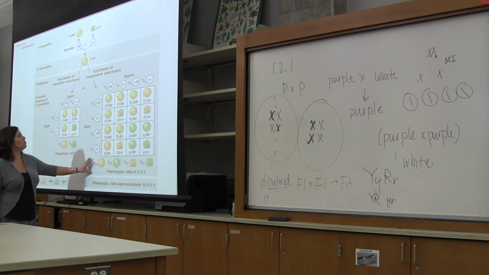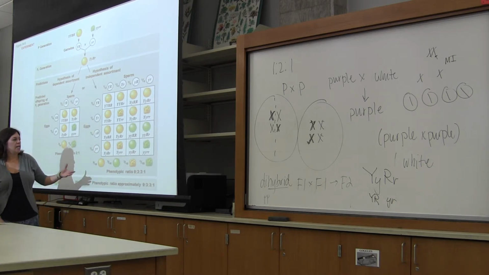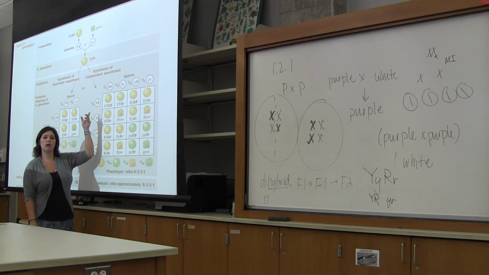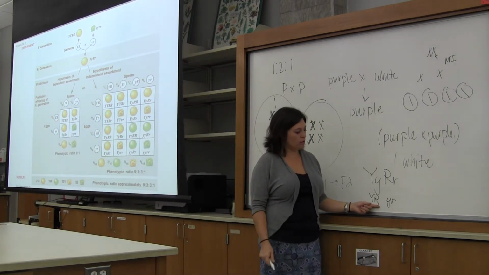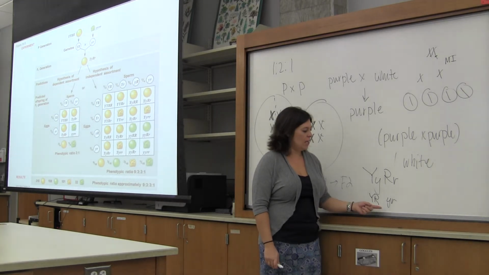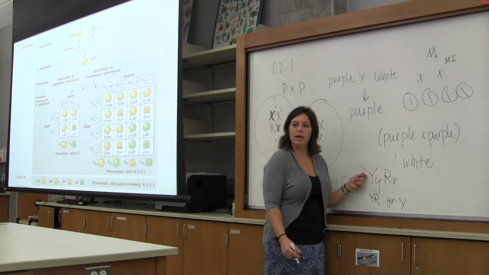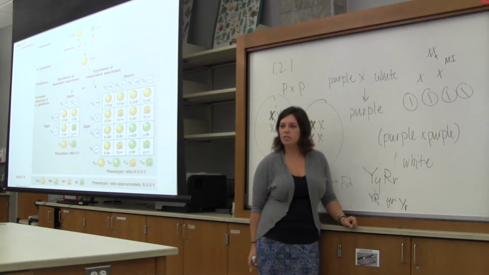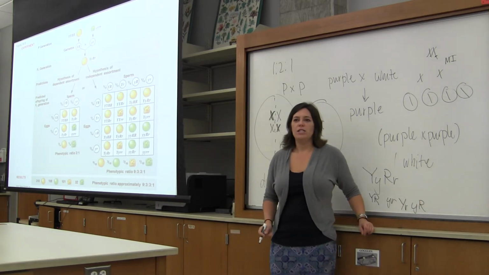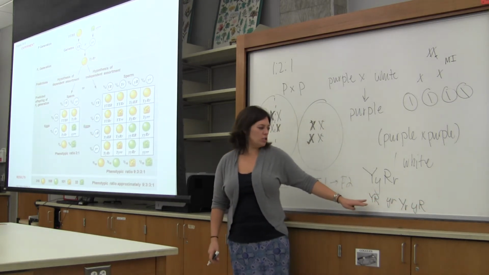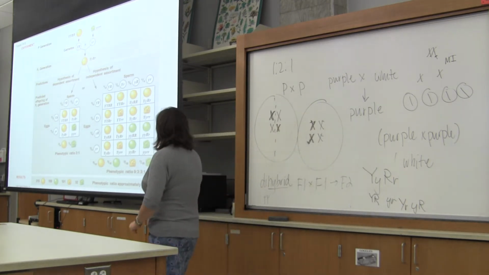But when you look at the actual results that he gets, he noticed that you can actually get more combinations of these gametes. So you can get YR, or homozygous dominant, and homozygous recessive, but you could also have the possibility of having big Y, little r. Just like there's a possibility of having little y, big R. And so in the dihybrid cross, you're always going to have 4 different genotypic possibilities of those gametes.